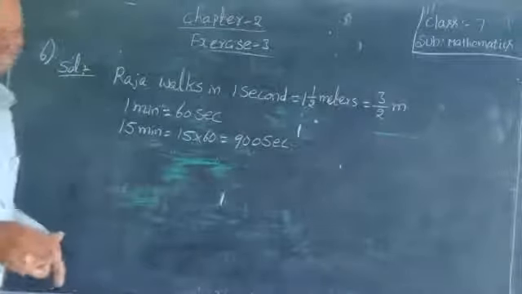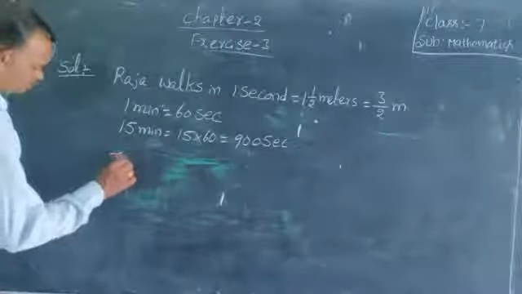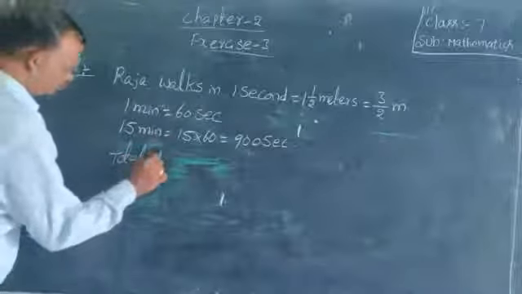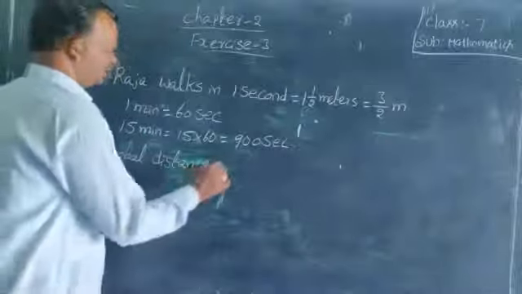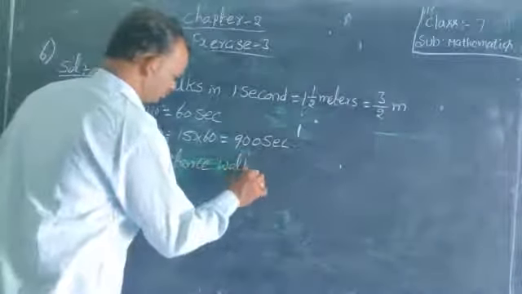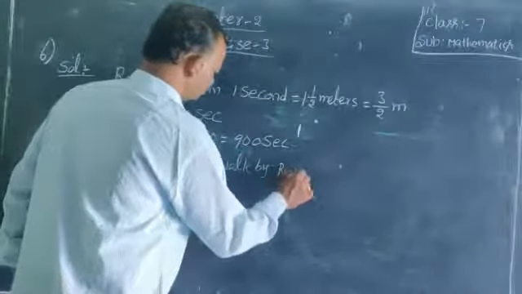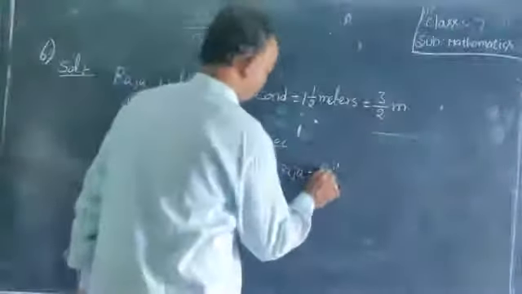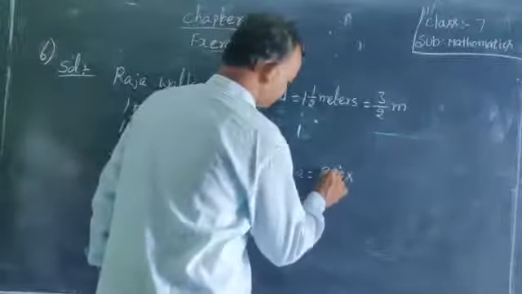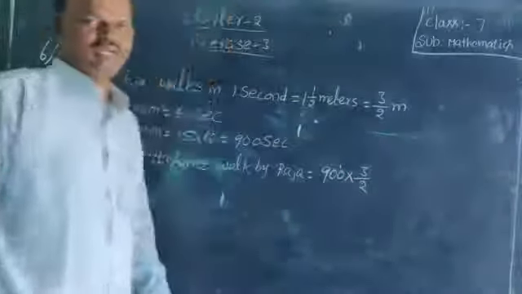Total walking distance by Raja is equal to 900 into 3/2.